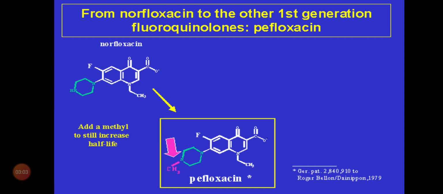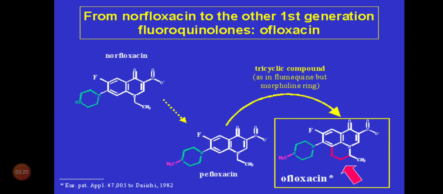This methyl group was responsible for a further increase in the half-life of the drug. So by this modification from norfloxacin to pefloxacin, by addition of a methyl group, we increase the half-life of the drug.